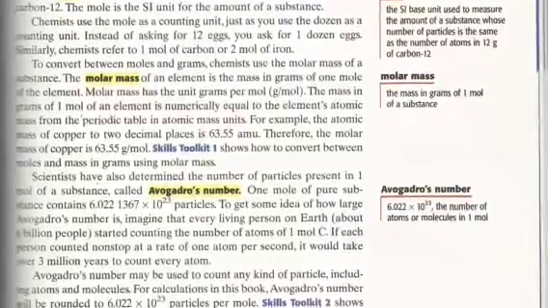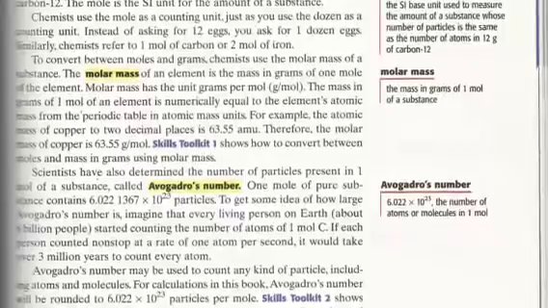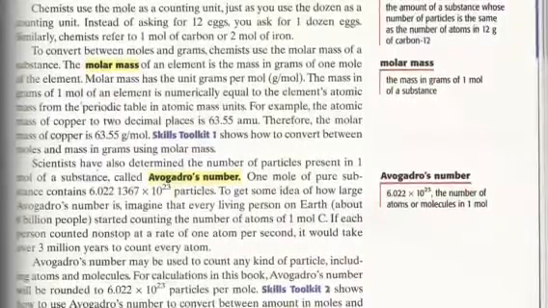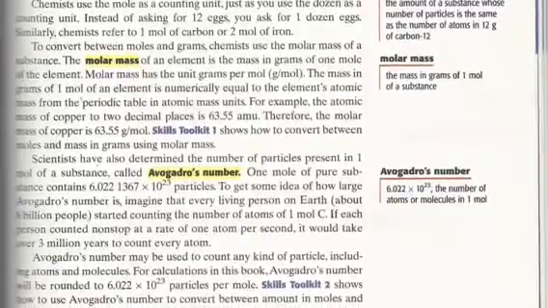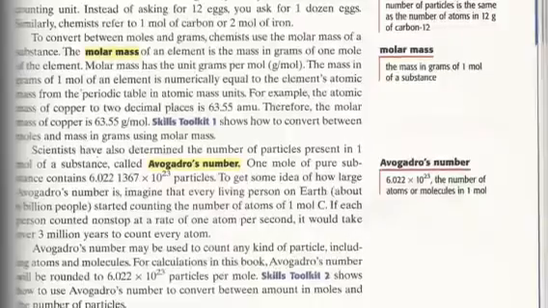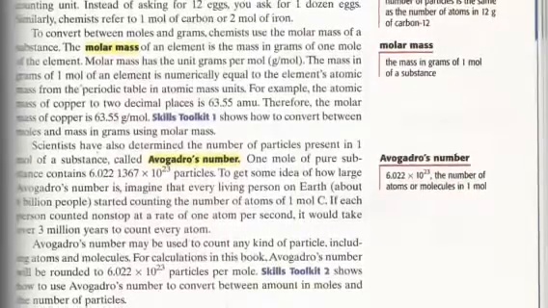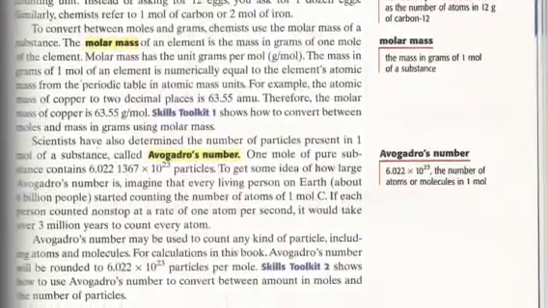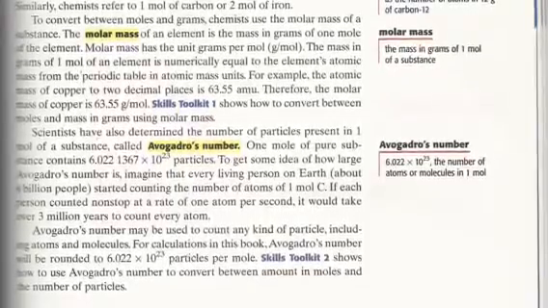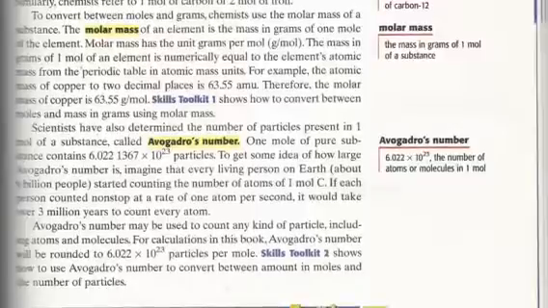To convert between moles and grams, chemists use the molar mass of a substance. The molar mass of an element is the mass in grams of 1 mole of the element. Molar mass has the unit grams per mole, g/mol. The mass in grams of 1 mole of an element is numerically equal to the element's atomic mass from the periodic table in atomic mass units.